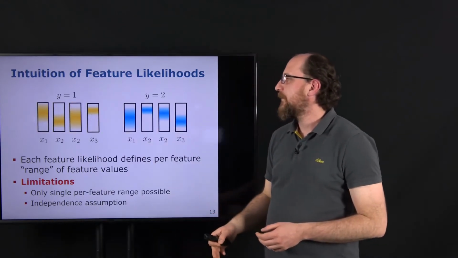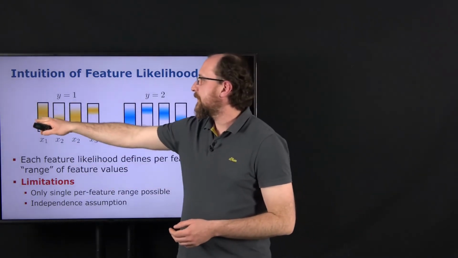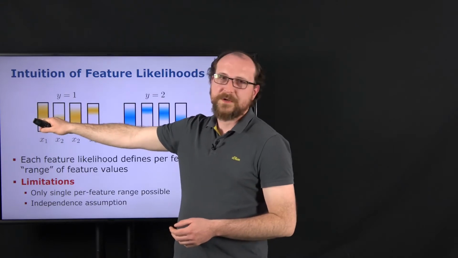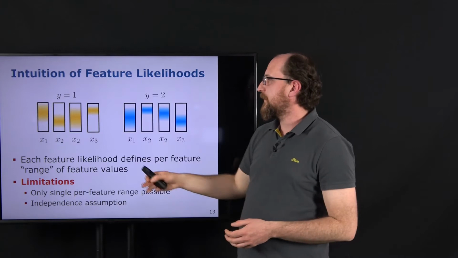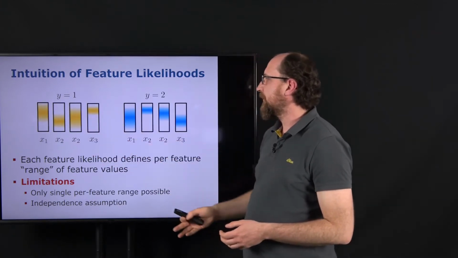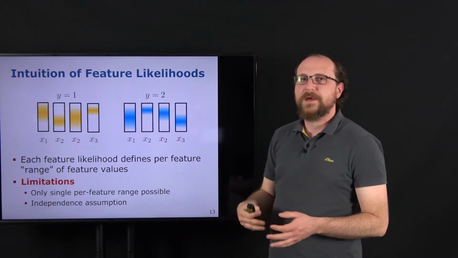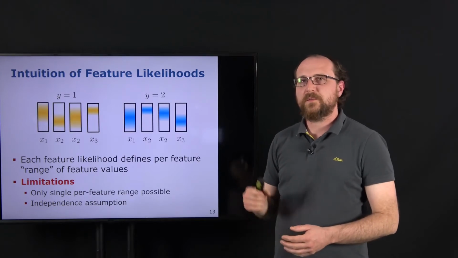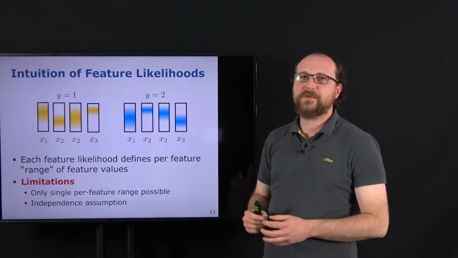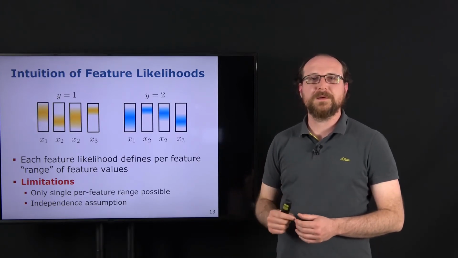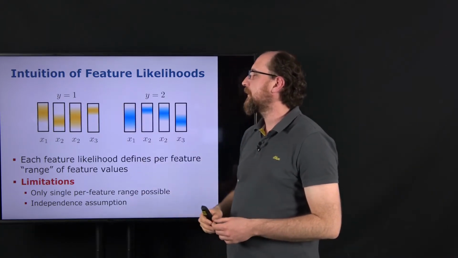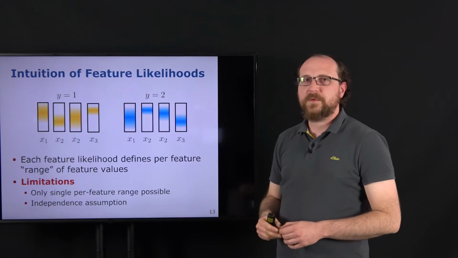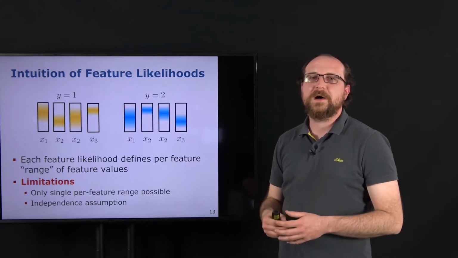In this case, for x1, the parameters should lie in this range to be the most likely. We can do this also for the others. So this gives us ranges over the features where we expect that an example that corresponds to y equals 1 should lie.